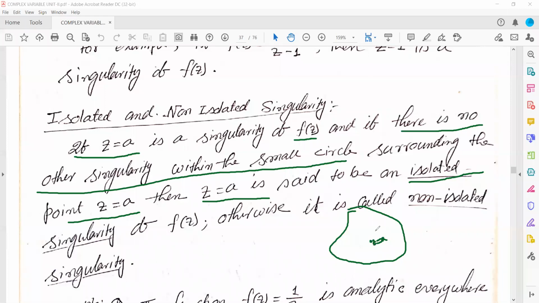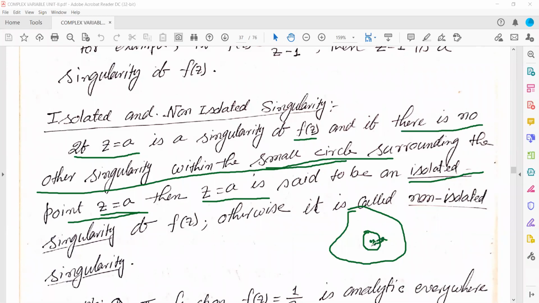This singularity is called isolated if there is no other singularity within the small circle surrounding the point z equal to a. So if you draw a small circle with center at z equal to a, and there is no other singularity within this small circle other than z equal to a, then z equal to a is called isolated.